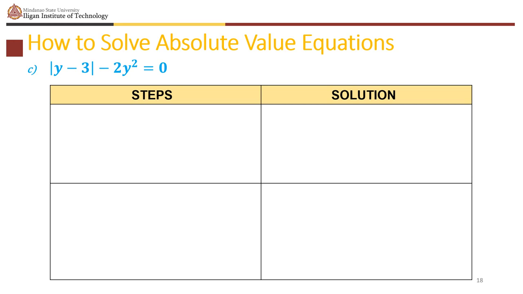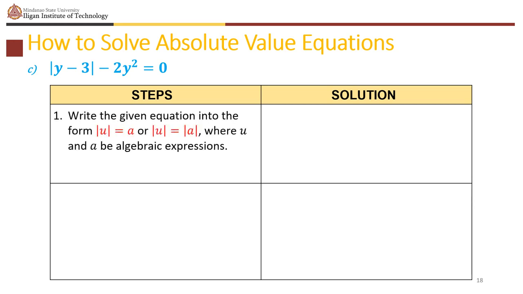Now we have example C, the absolute value of y minus 3 minus 2y squared equal to 0. So the first step would be to again write the given equation into the form absolute value of u is equal to a, or absolute value of u is equal to absolute value of a.